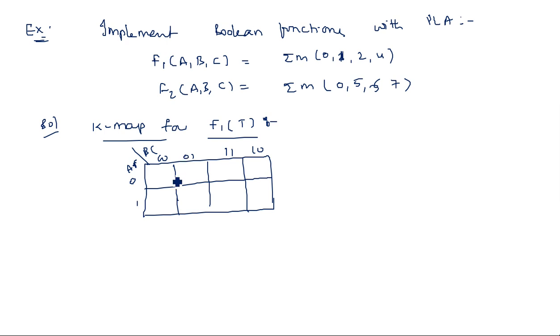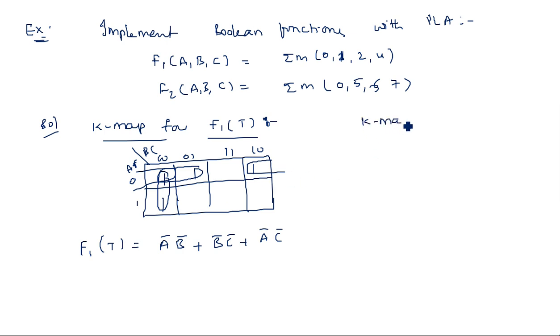The minterms 0 1 2 4. Okay, so you can map these two, and you can map these two, and similarly you can map this one with this one. So F1 true form is equal to A bar B bar plus B bar C bar plus A bar C bar. Three product terms are there.